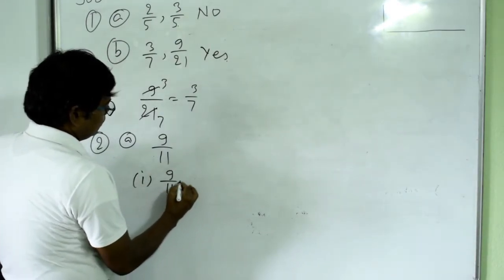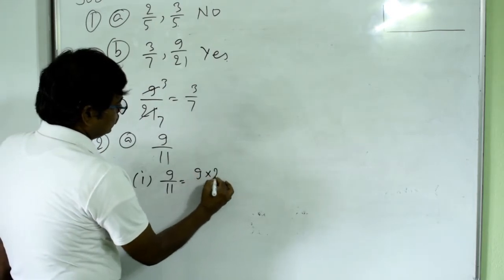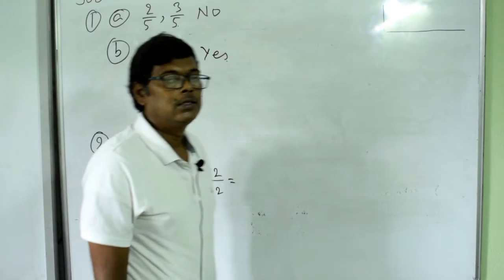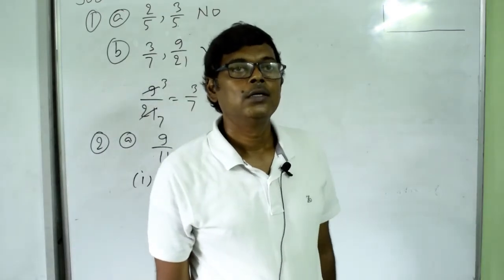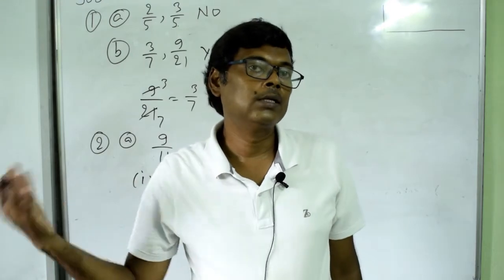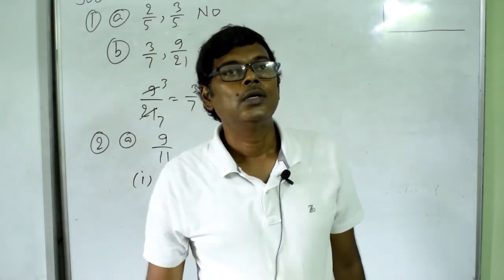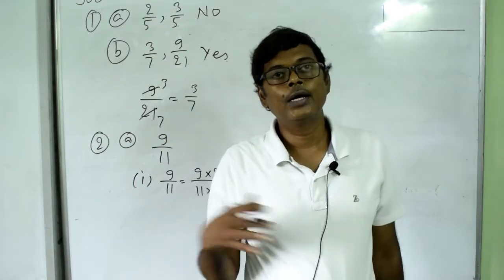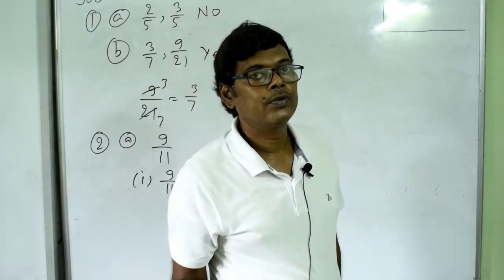The process is very simple. Take number 1: 9 by 11 equals 9 into 2 by 11 into 2. That is, multiply the numerator and denominator of the given fraction by the same number, and you will get an infinite number of equivalent fractions of a given fraction. There is no end to the equivalent fractions of a given fraction.